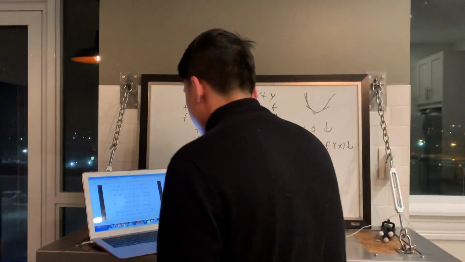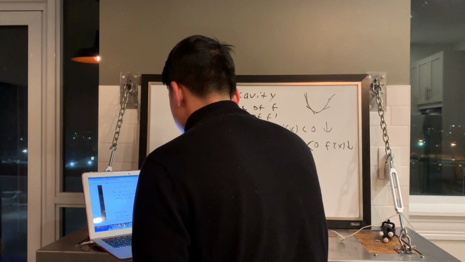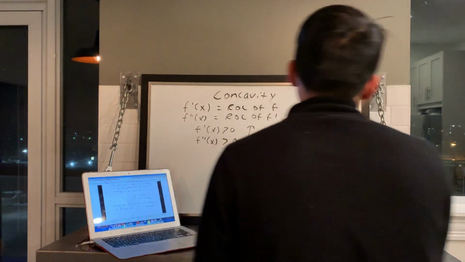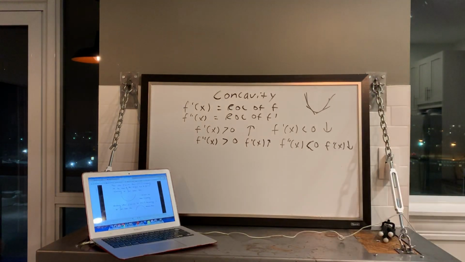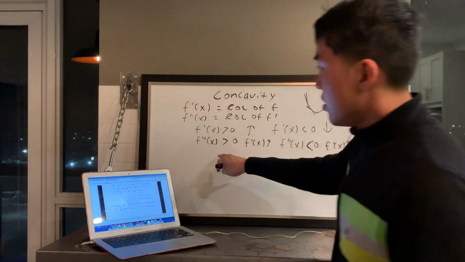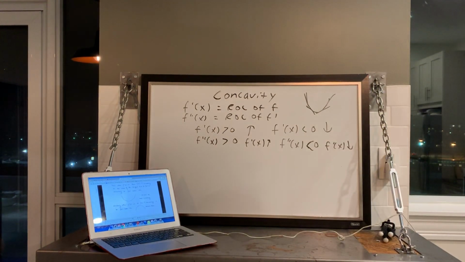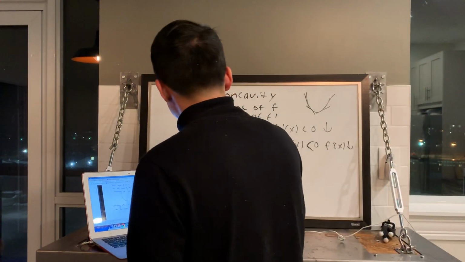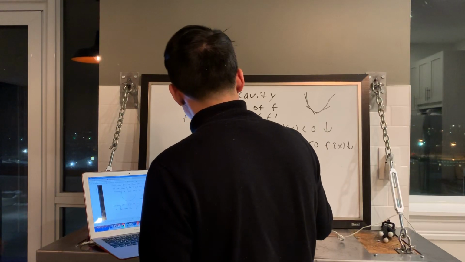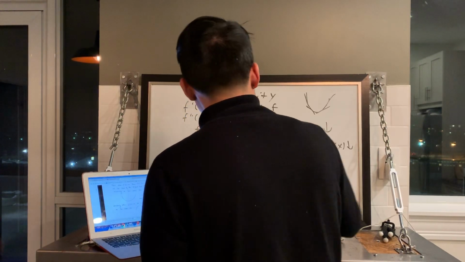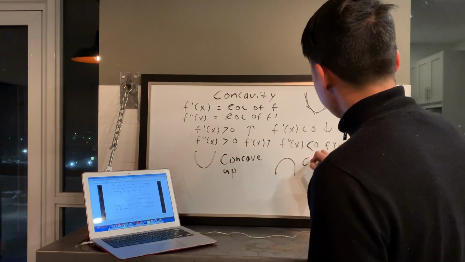So that means the slope of the tangent line, if f prime of x is increasing, right? So if the second derivative is positive, that means it's what we call concave up. And then underneath here, this would be concave down.